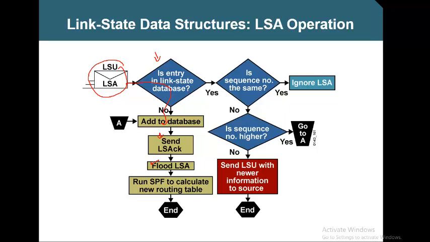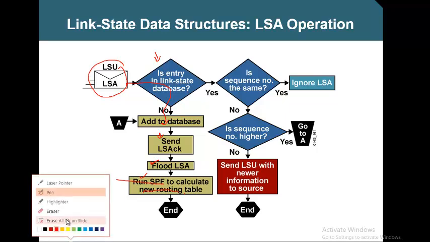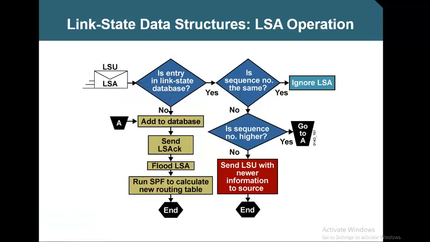He floods the information and then recalculates, runs the SPF algorithm, and puts the routes into the routing table. Now, this happens even on the master side when the slave sends the update. So master will also learn the routes in the database, send the acknowledgement, flood the LSU to other downstream links, and recalculate the routing.